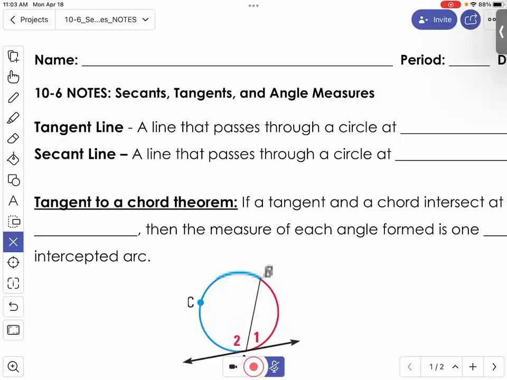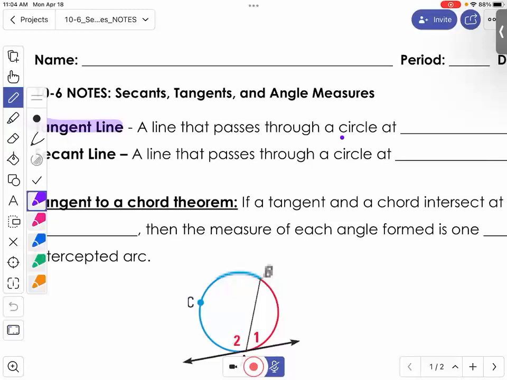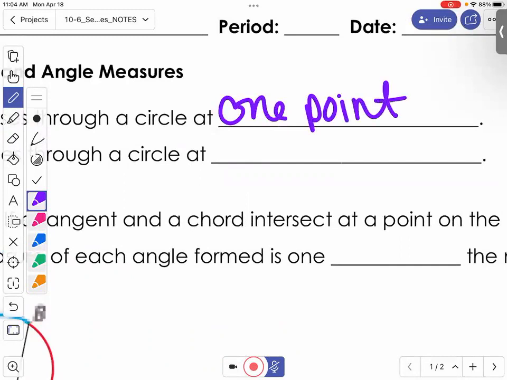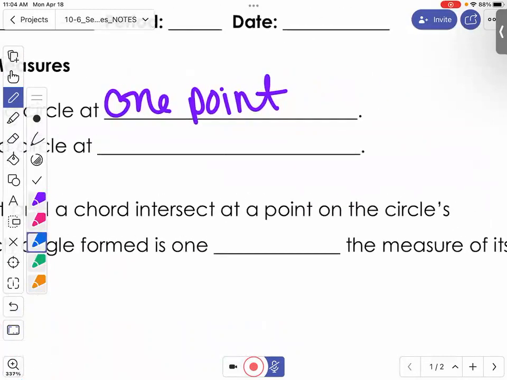So one of our first special types of lines is called a tangent line. And specifically, a tangent line is a line that passes through a circle at one point and at exactly one point. So imagine we have the circle here, and I have a point of intersection with that circle and a line.